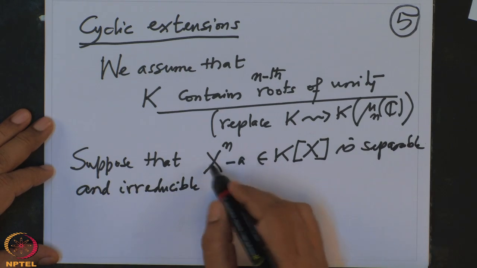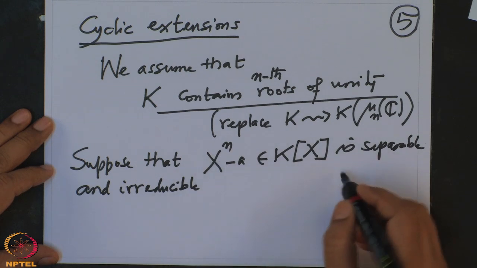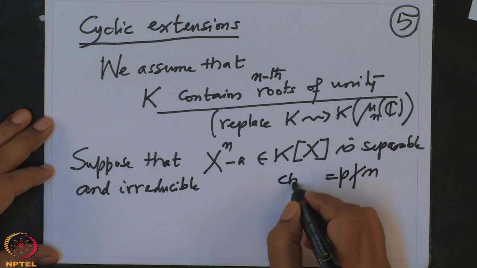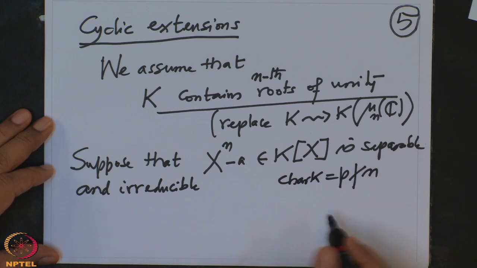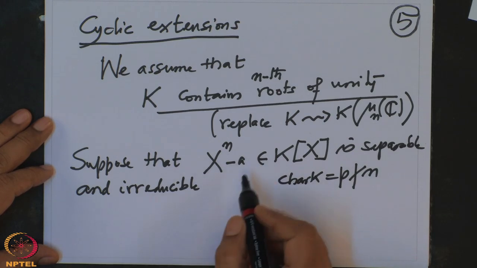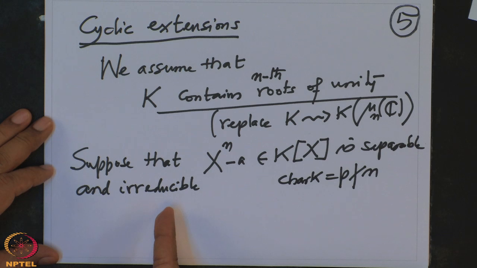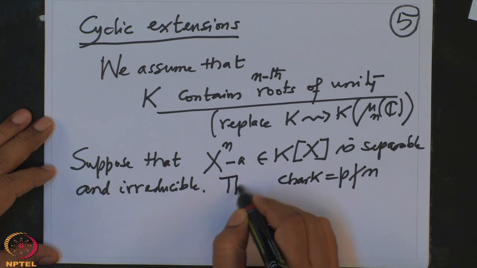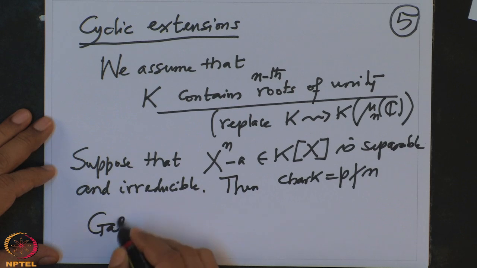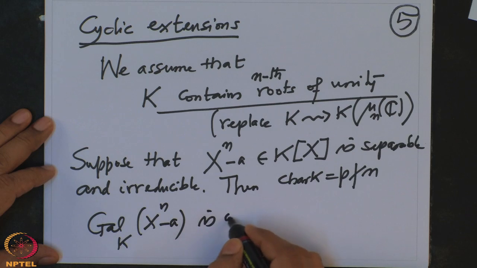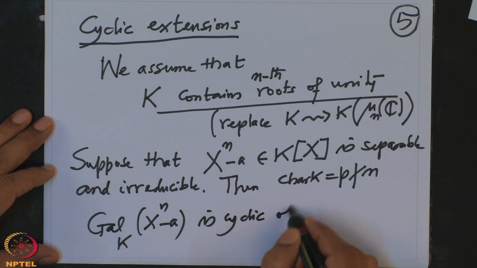That means what condition one needs to put: the characteristic should not be divisible by n, that is, p should not divide n, where p is the characteristic of K. And irreducibility is another thing to check, when will such a polynomial be irreducible. But assume that, then under this assumption the Galois group over K of this polynomial is cyclic of order n.